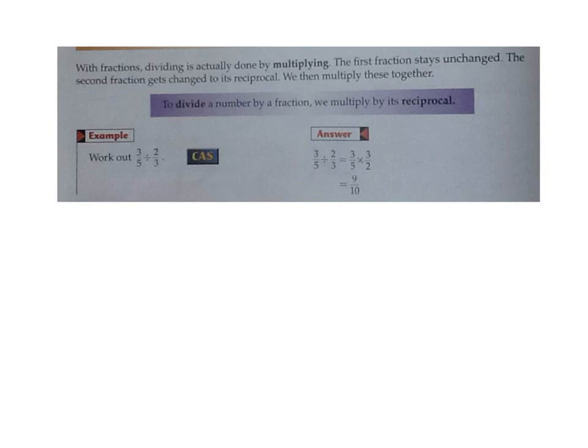So 2/3 becomes 3/2. 3/5 divided by 2/3 is equal to 3/5 multiplied by 3/2. And you multiply the numerators together. 3 times 3 is 9. You multiply the denominators together. 5 times 2 is 10. 9/10. And make sure that you check if you can simplify that. In this case you can't. That's division. Simple as that. Hope you enjoy doing that division, young people.